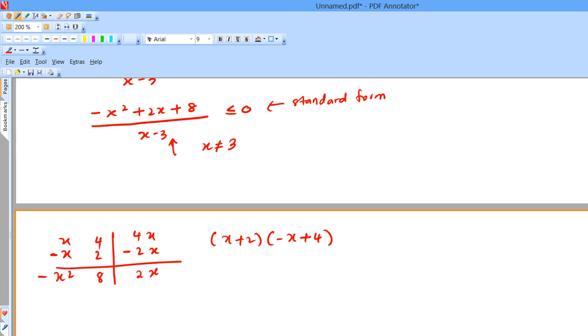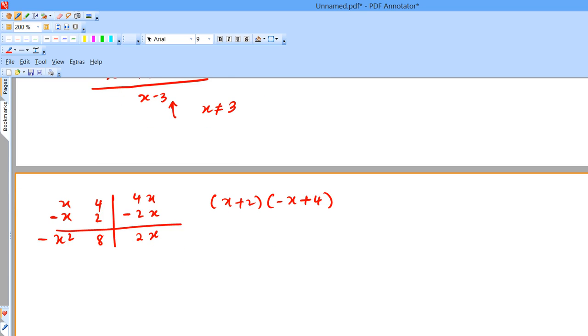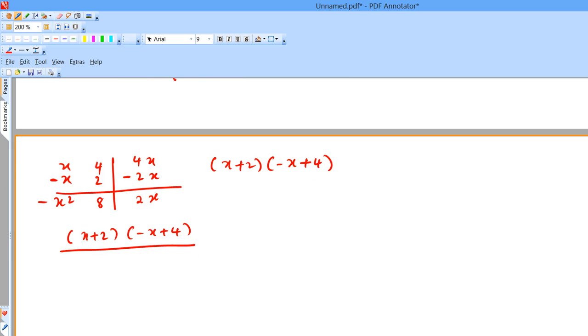So the inequality becomes (x plus 2)(negative x plus 4) over x minus 3, less than or equal to 0.